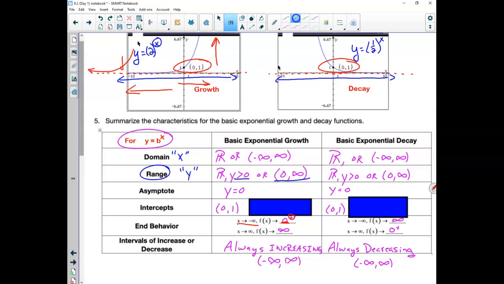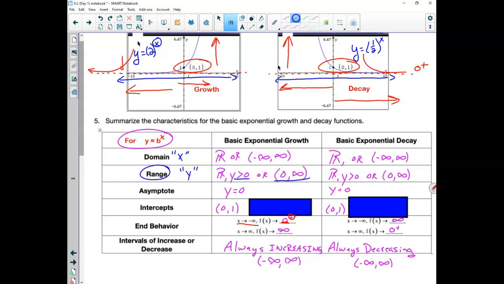It's going to infinity. Well, look at my basic decay. As x goes to negative infinity, where's my graph going? Oh, it's going to positive infinity. And as my x's are going to positive infinity, my graph is coming down. It's getting snug as a bug in a rug to the number 0 from the top side, or the positive numbers. That's what that little plus means, okay?